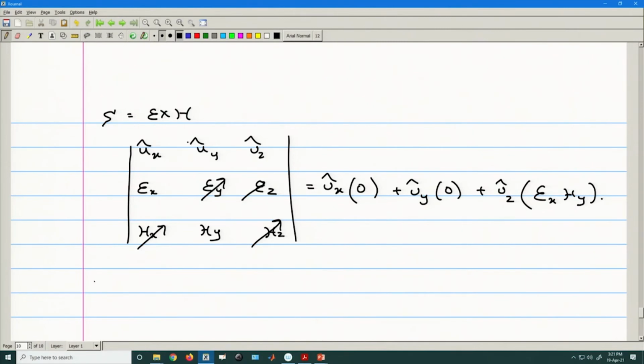Fine. Therefore, we can write S as minus of Uz, because Ex and Hy we are having one minus sign. So, we will have Ex multiplied by Hy.